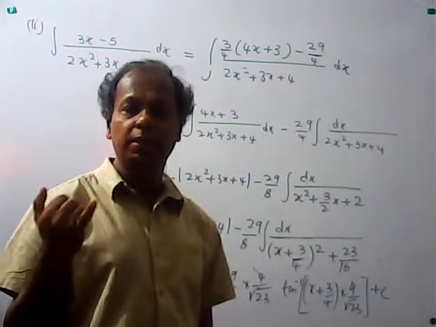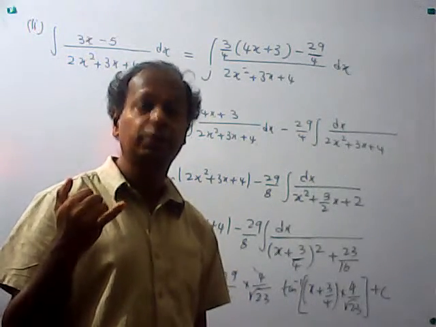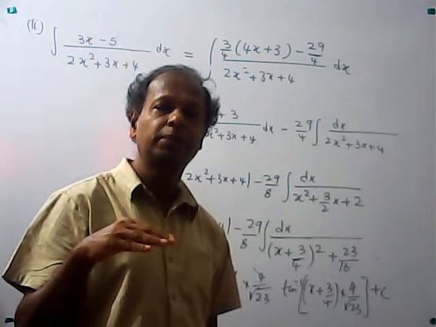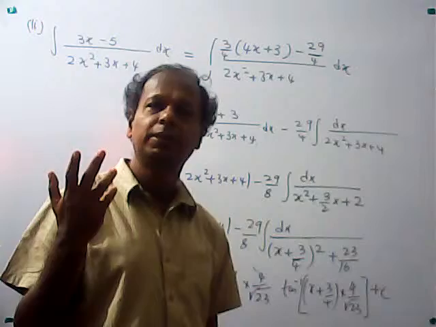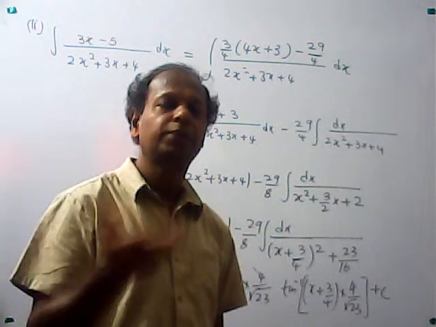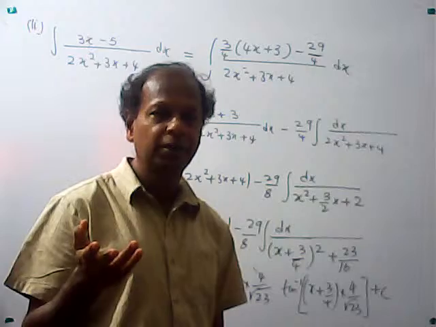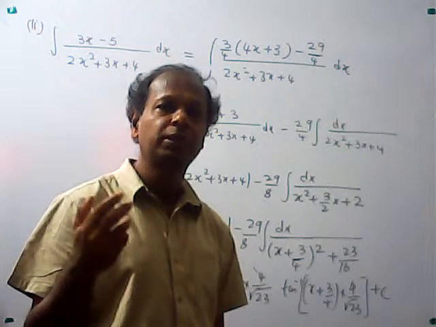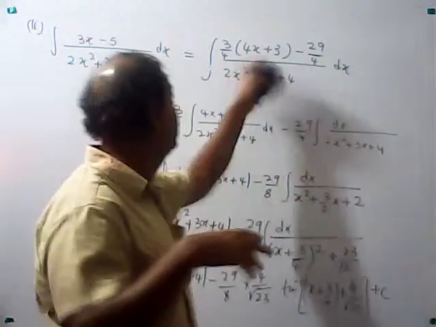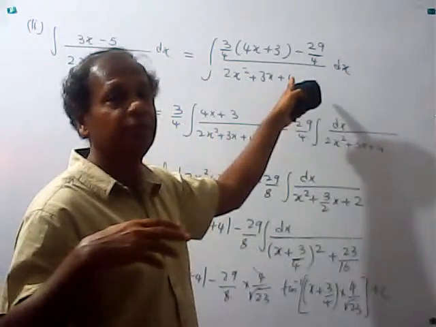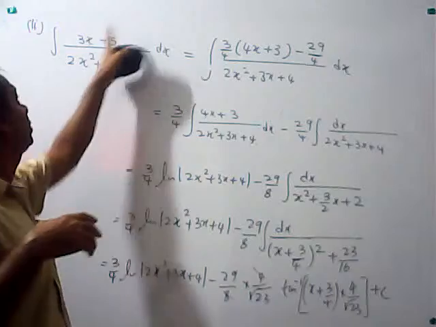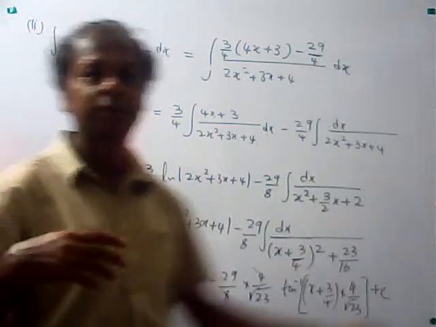If the derivative of the denominator can be created in the numerator at once, we integrate using that. If not, you try partial fractions. Again, if not possible, then with some effort, maybe we create the derivative of the denominator in the numerator, but only when the denominator is quadratic and numerator is linear.